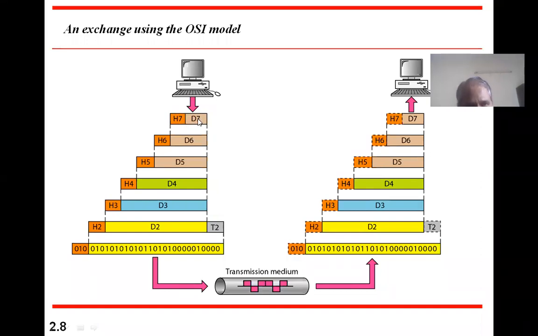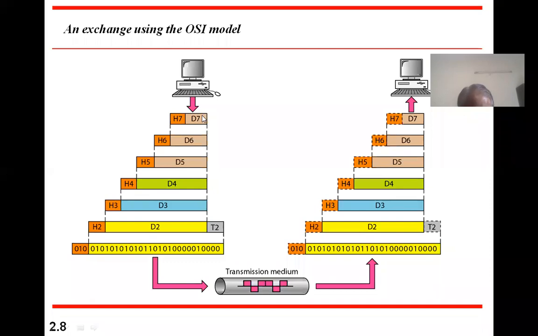For that part of the message, we are adding a header, and a trailer also is there, but it is hidden in the H7 header itself. So the data is embedded in between the header and trailer. This process, embedding or putting the message between header and trailer, is known as encapsulation.